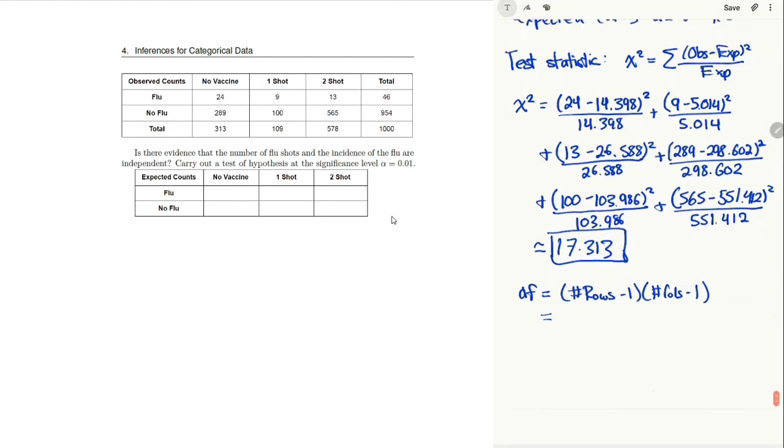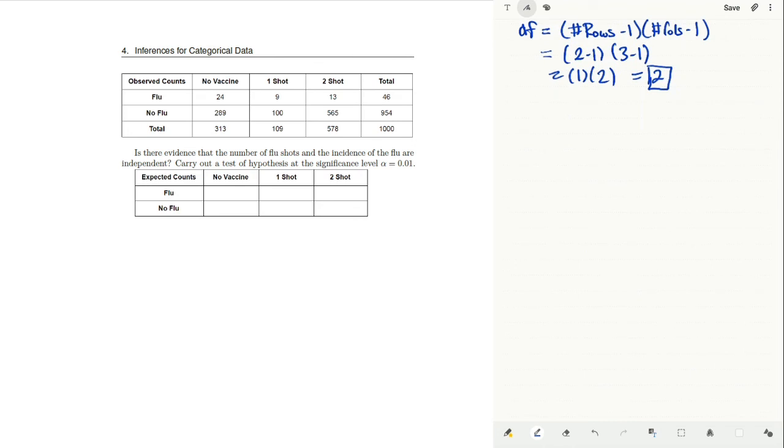So that's 2 minus 1 times 3 minus 1, which is 1 times 2, which is 2. So now that we have our test statistic, we can find the p-value, which is the area to the right of 17.313 with 2 degrees of freedom.